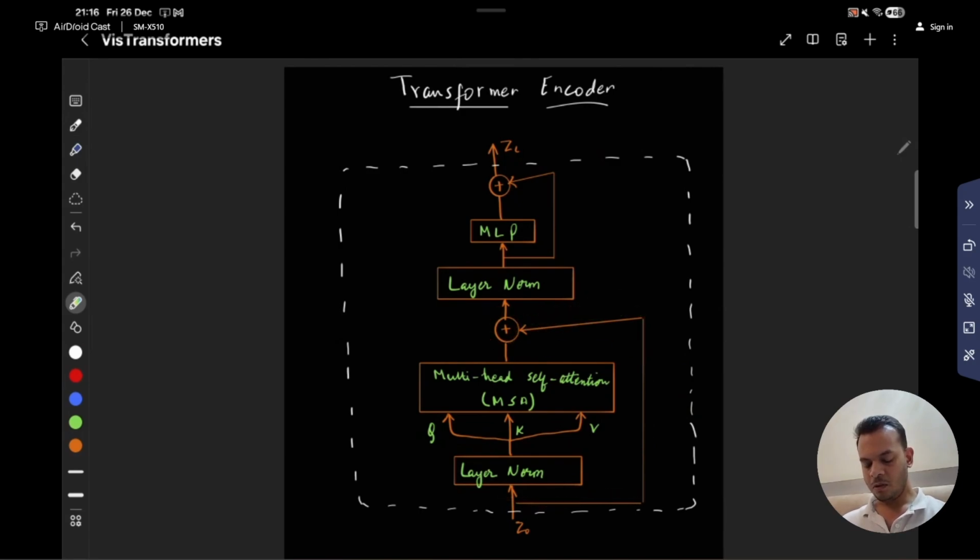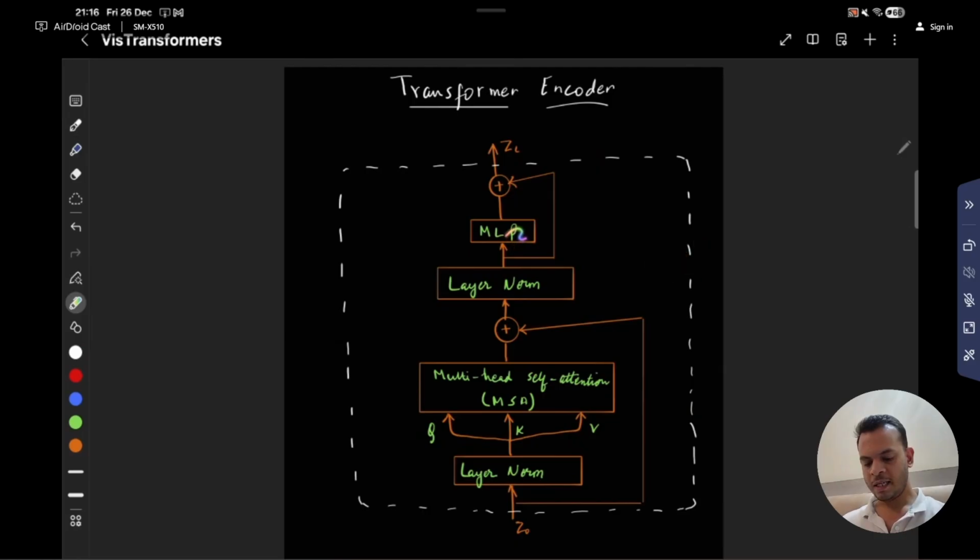Okay, so a residual connection is added here, and then it goes through a layer normalization again. Again, the same thing happens, normalizing the data between 0 to 1.